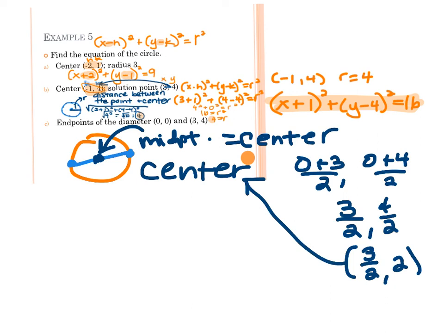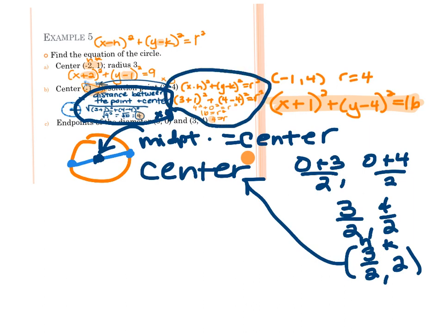So then again, I can find either the distance from the center to the endpoint, like we did in this first part, or we could take this as your h, k and this as an x, y, and I would definitely use the zeros because they're easier, and plug it in like we did here.